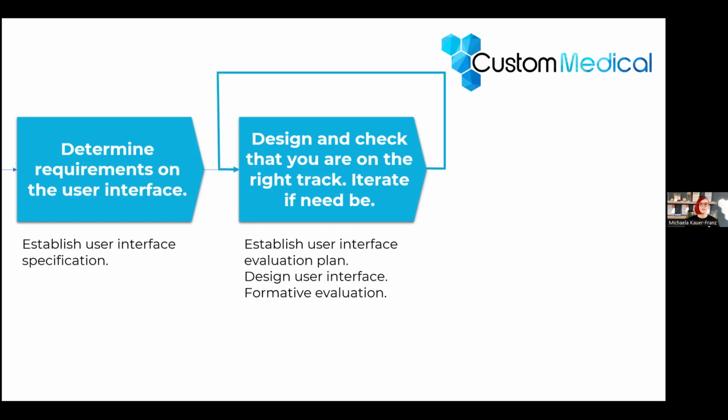Therefore, this step is an iterative step. So you're going to design something, then you're going to test it with the users. Depending on the outcome, you're going to redesign some things, you're going to retest it, and so on. That really depends on the quality of your first guess, the quality of your knowledge upfront, how close you are with the user group, and how much knowledge you've already gathered during the years.